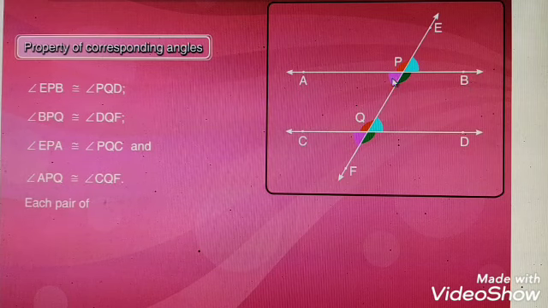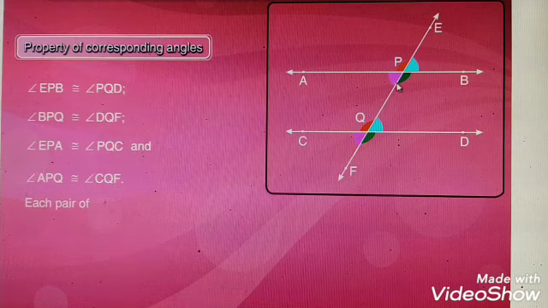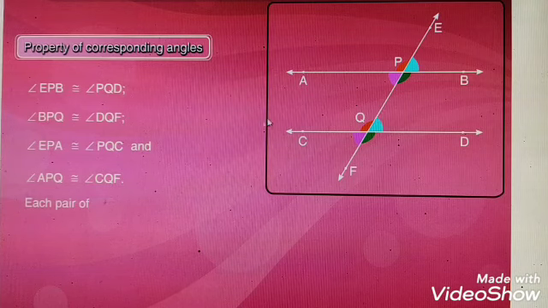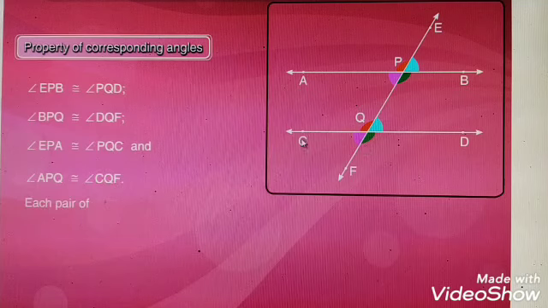Angle BPQ is congruent to angle DQF. Third, angle EPA is congruent to angle PQC. And last, angle APQ is congruent to angle CQF.